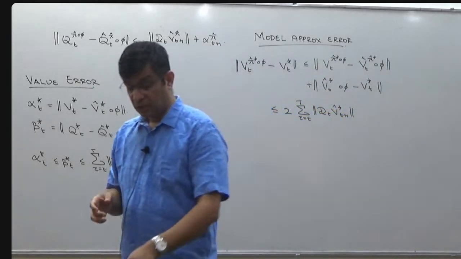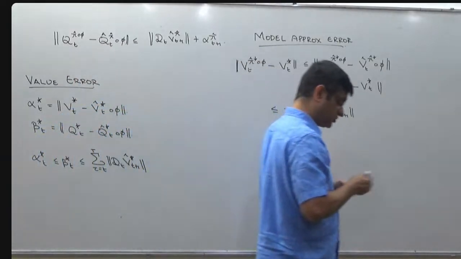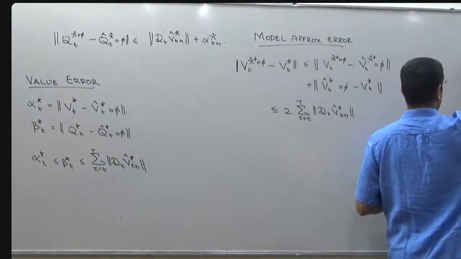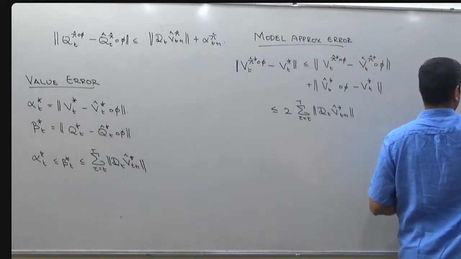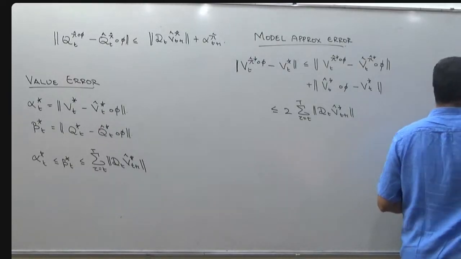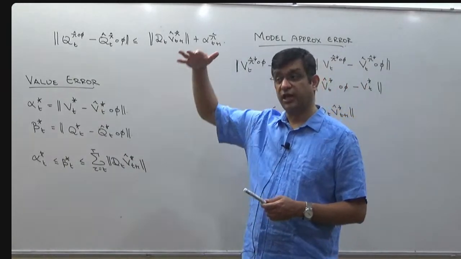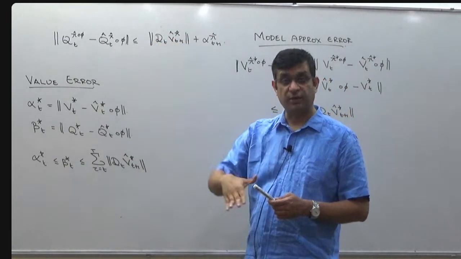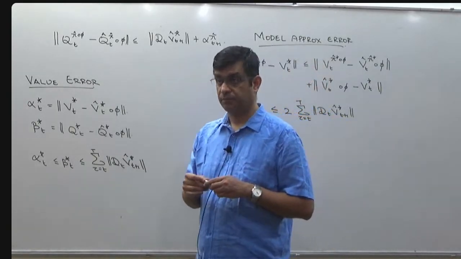Okay. So we'll follow what we did last time, and I'll start with the definition of model error. Again, there is no unique way of defining model error. I'm giving this definition because it is tailored to the type of analysis that I am doing. If I was doing the analysis which takes something in the original space and projects it down, my model error would have to be defined slightly differently.